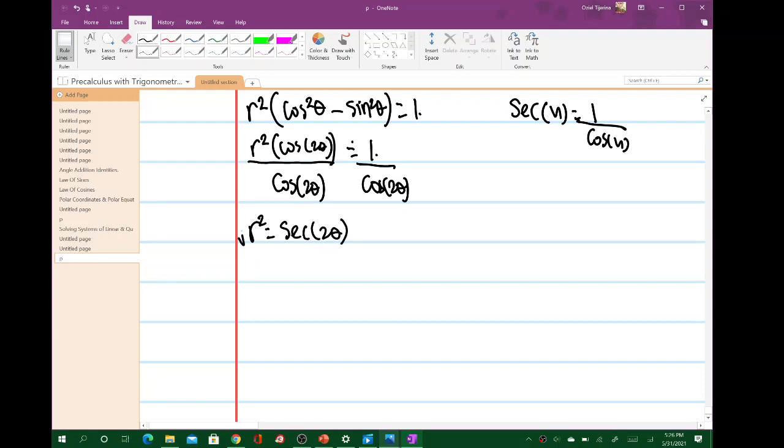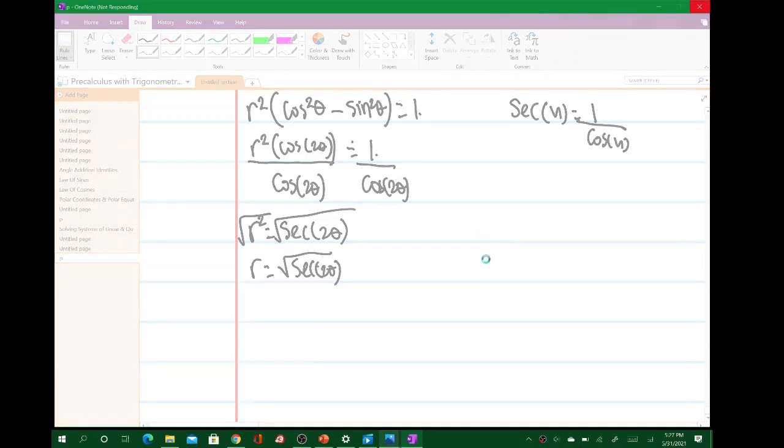So then if we take the square root, we have r equals the square root of secant of 2 theta. I think that's how you do it. I'm not sure if it's plus or minus, maybe it is. But I believe that's how it's done.